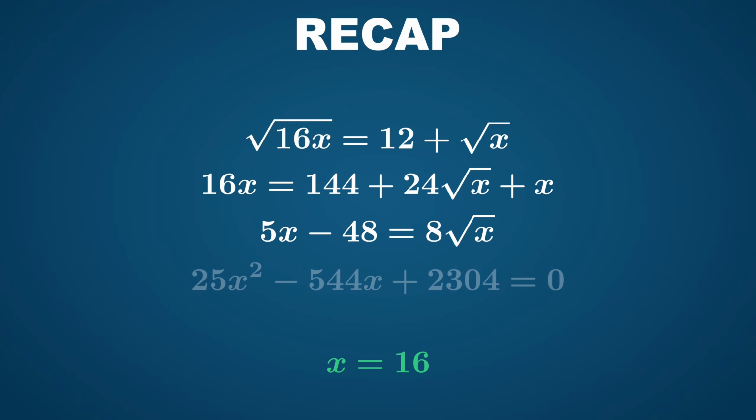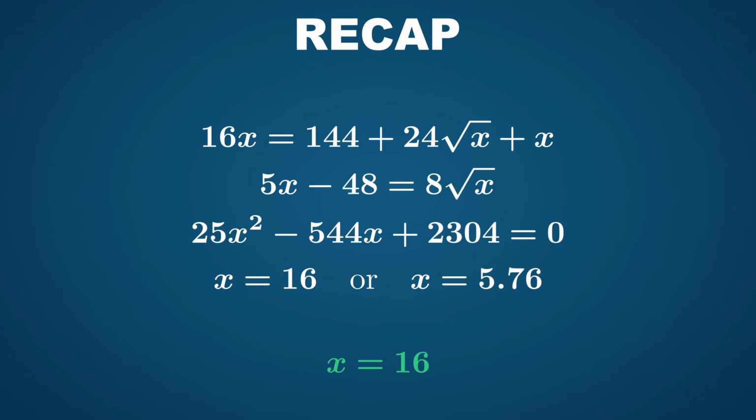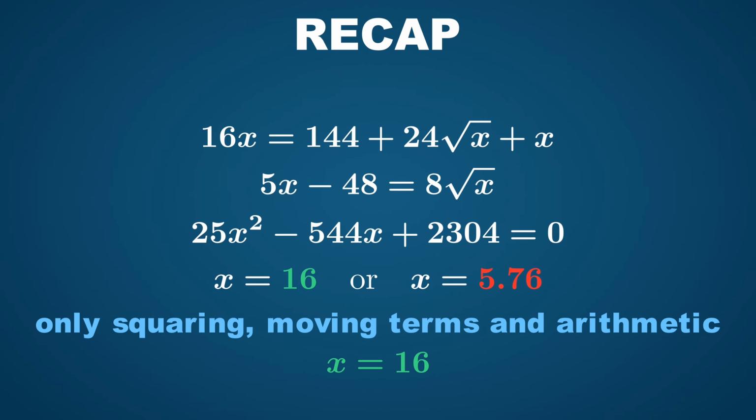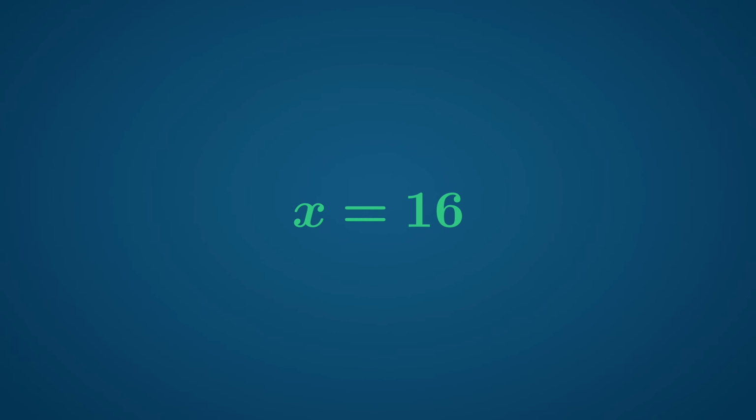Squaring again led to the quadratic 25x squared minus 544x plus 2304. The quadratic formula returned two candidates, 16 and 5.76. Testing showed 5.76 gives 7.2, while 16 gives exactly 12. Every step used only squaring, moving terms, and arithmetic. So the answer to today's problem is x equals 16.